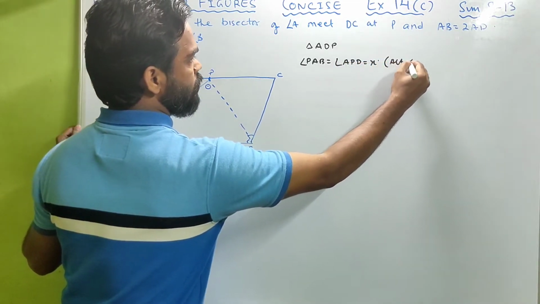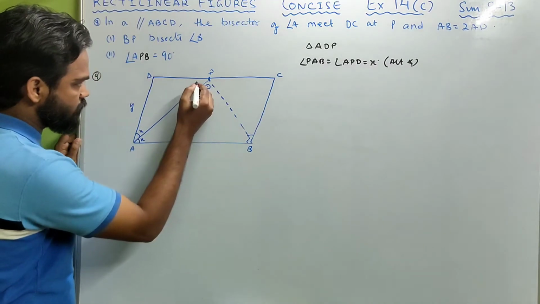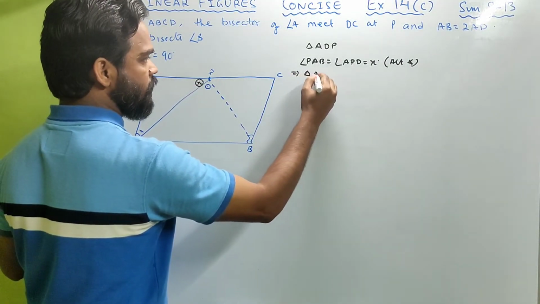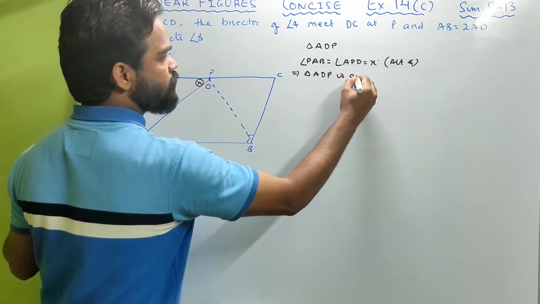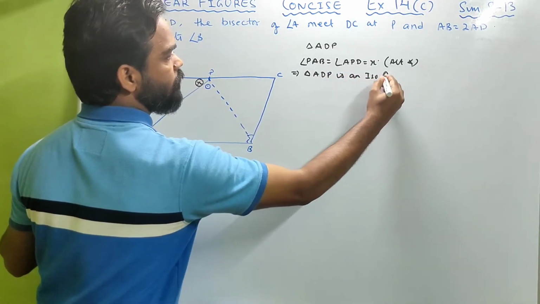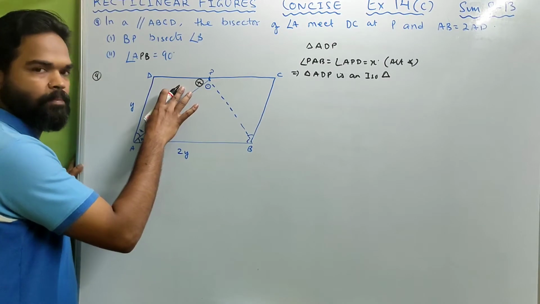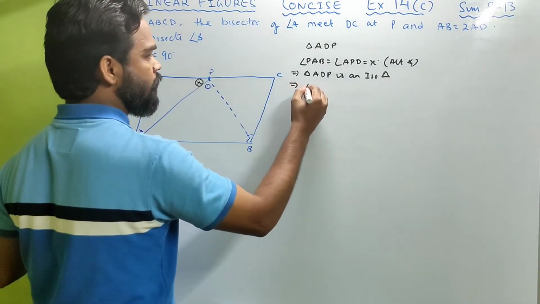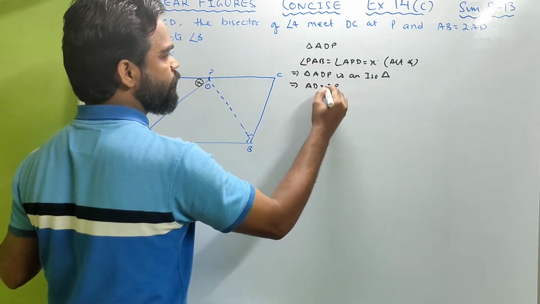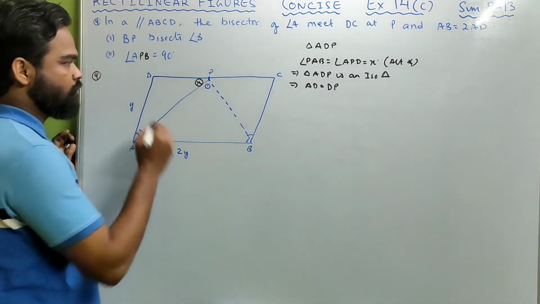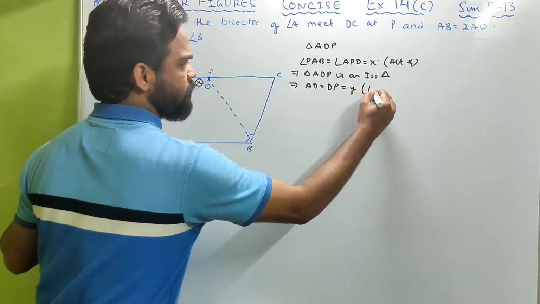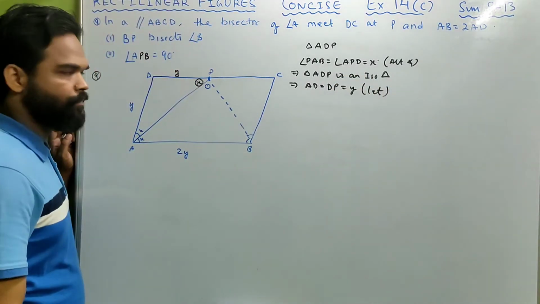Alternate angle, which means if this is x, this has to be x, which makes triangle ADP an isosceles triangle. And if the base angles are equal, then AD and DP will be same. AD equals DP. Any doubt? I don't think so. This was y, so I've taken this as y. Right? Okay.